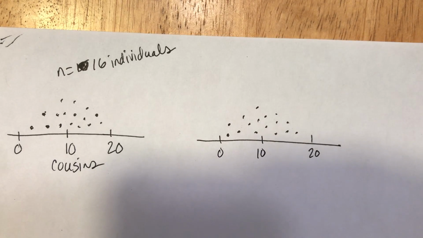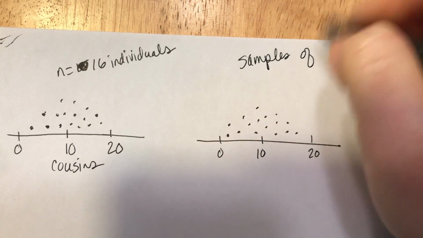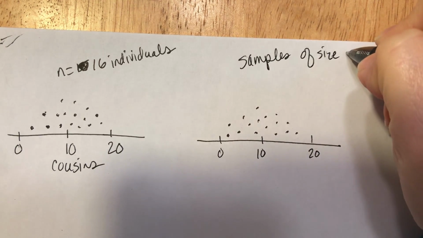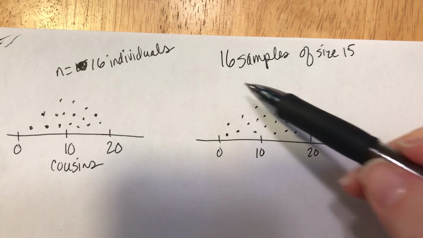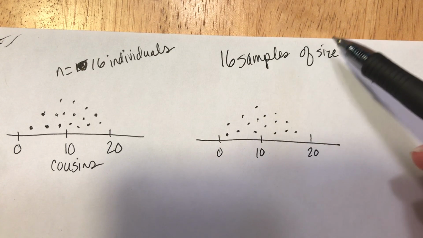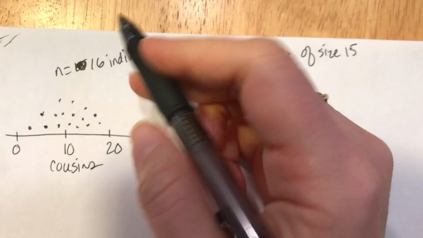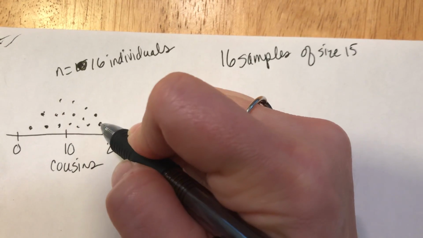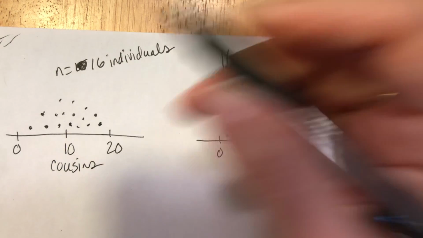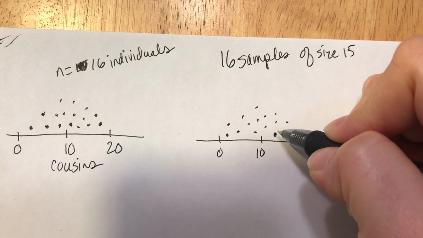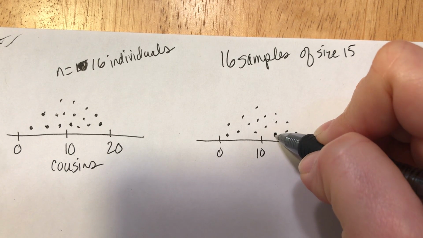But this could be samples of size 15. Let's say, because there are 16 dots here, this is 16 samples of size 15, and we're doing averages. This was one person has 18 cousins. One person has 11 cousins. This would be 15 people have an average of 11 cousins.